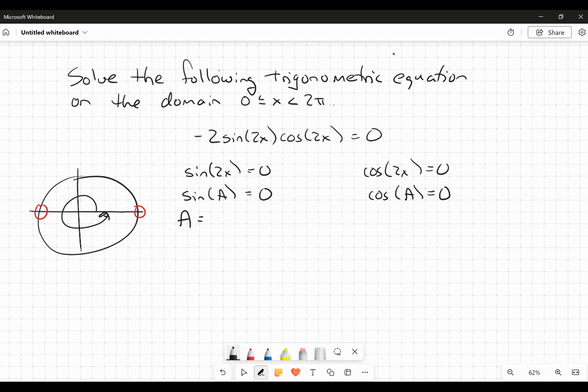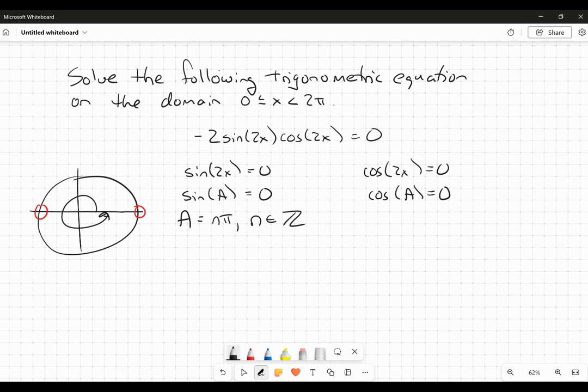I know that a is going to be multiples of pi, n pi, where n is an element of the integers. So for right now, I'm not going to worry about the 0 to 2 pi that I see in the original question here. I'm going to solve this one in general. So what I'm saying here is that sine of a goes to 0 every time the angle is a multiple of pi, which puts it on the x-axis here.